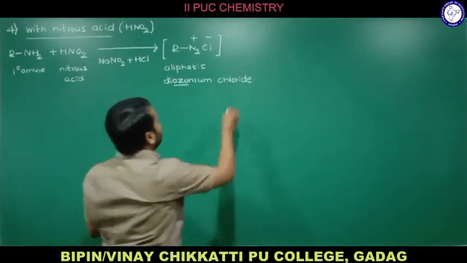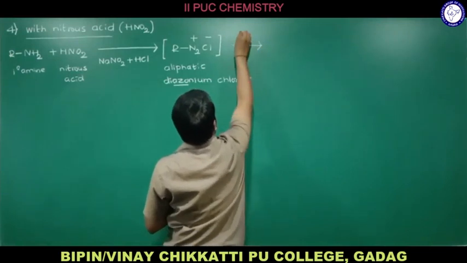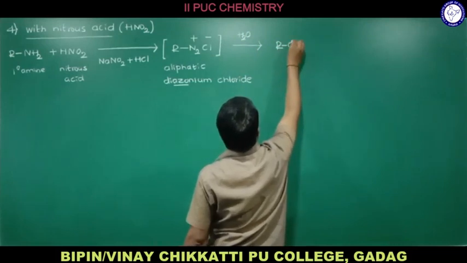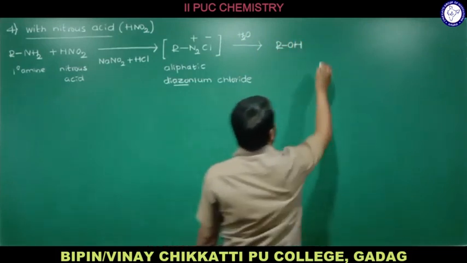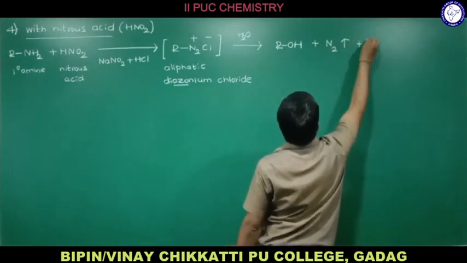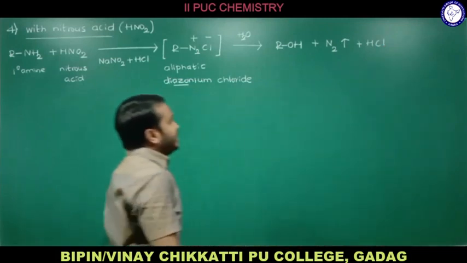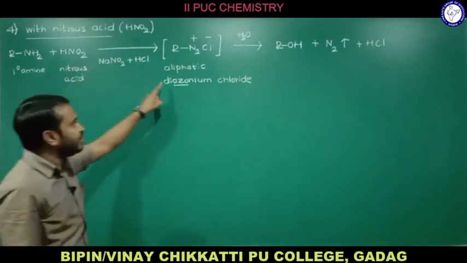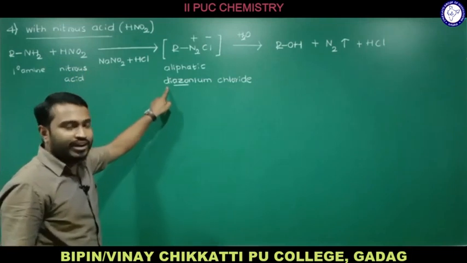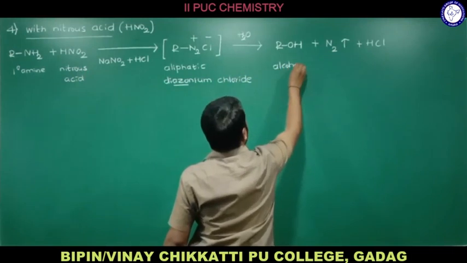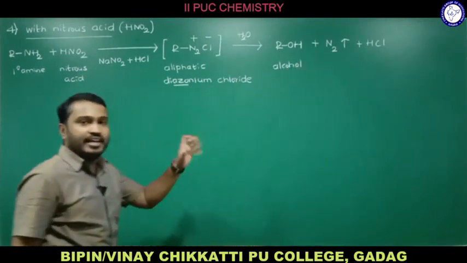Since it is highly unstable, on hydrolysis we get ROH, that is an alcohol, and apart from that a gas is released, nitrogen gas, and one more byproduct, HCl. So when primary aliphatic amines react with nitrous acid, we get the unstable aliphatic diazonium chloride, and on hydrolysis we get an alcohol, ROH, and the gas released is N2, nitrogen gas.